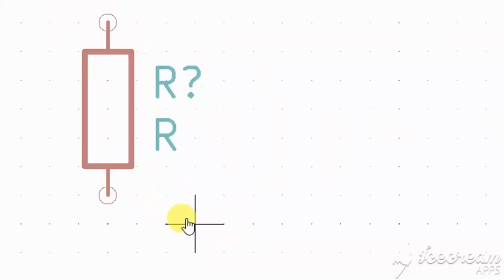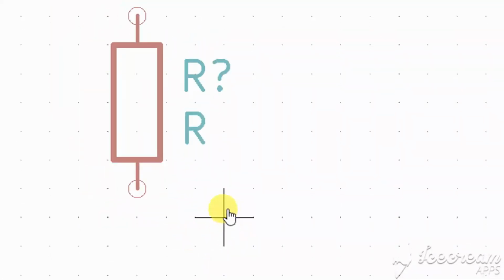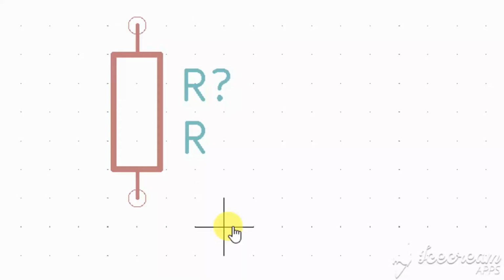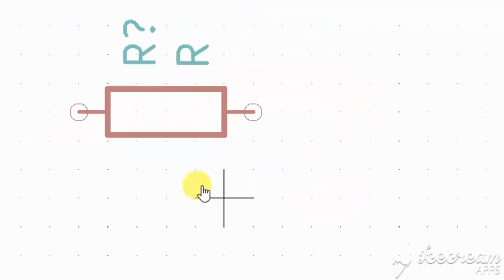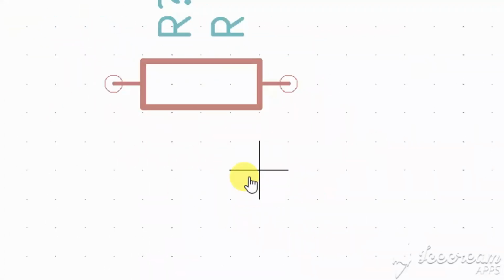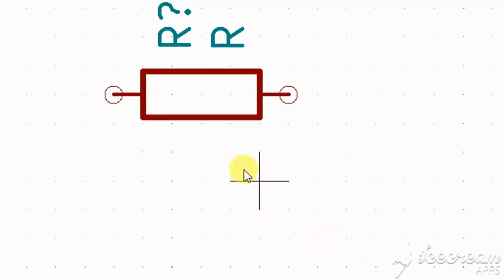How to rotate this? You use the R key on your keyboard. You press R and it is rotated. Next place it in any area, and next add the LED.